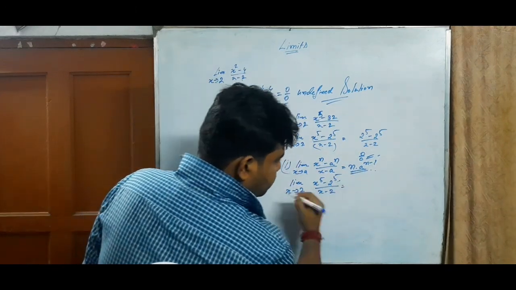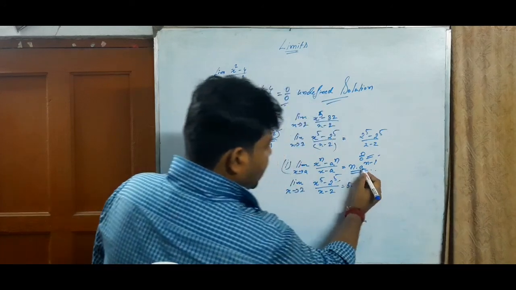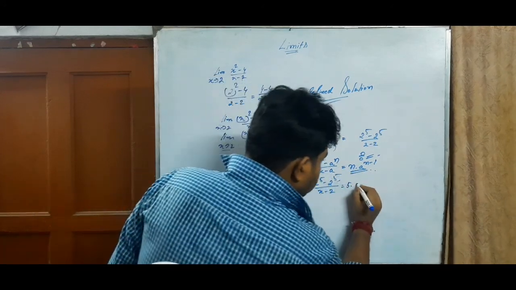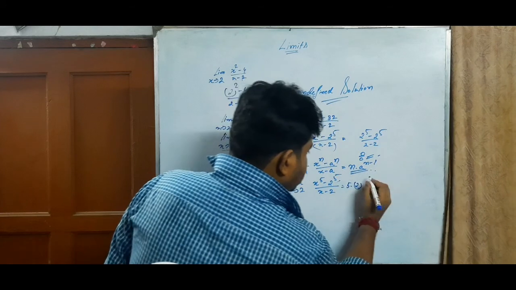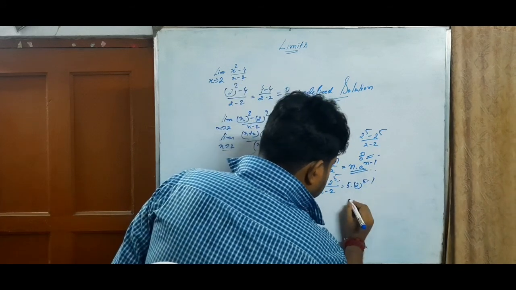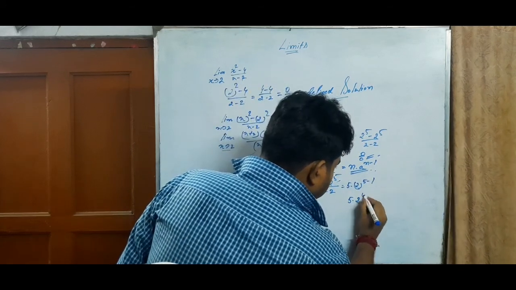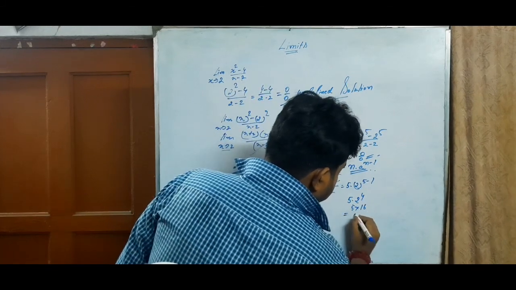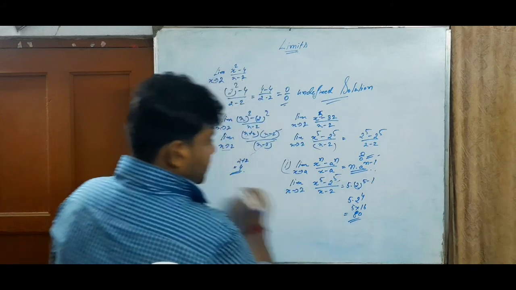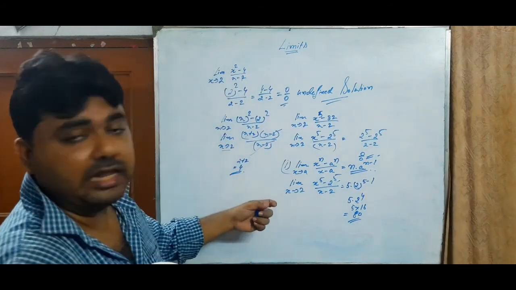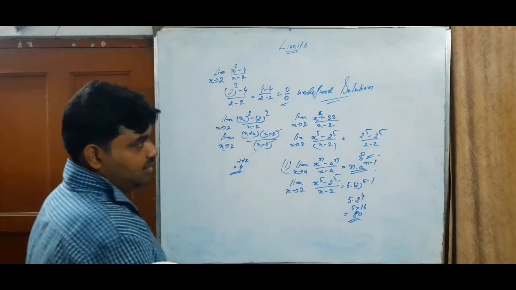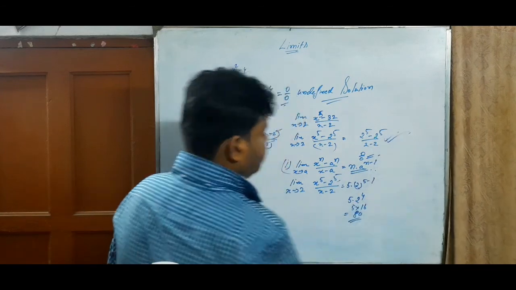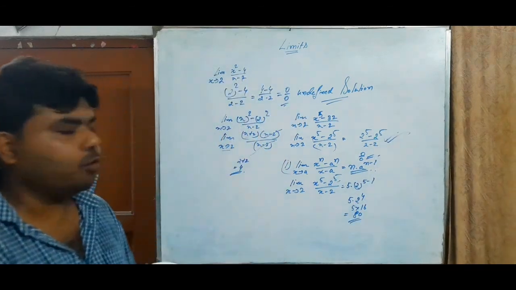Here n means 5, that is 5 into a means 2, that is 2 to the power n minus 1, that is 5 minus 1. That is 5 into 2 to the power 4, that is 5 into 16, that is 80. So this is how we can evaluate with the help of limit, but we have failed with the help of function. That's why limit is much more effective.